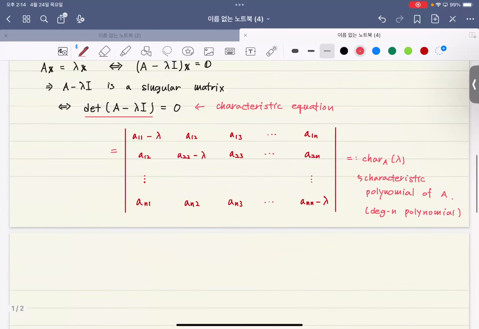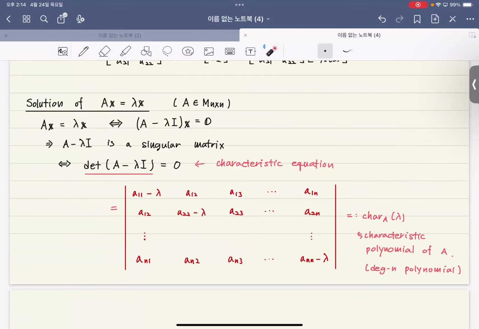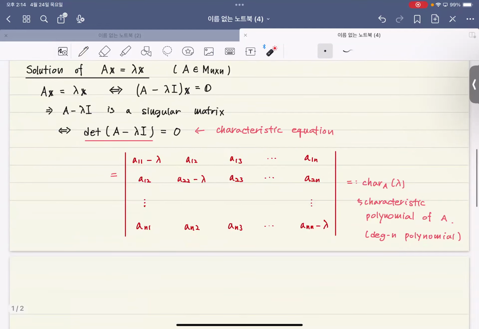Therefore, in order to find the eigenvalues of the matrix A, first you solve the characteristic equation, and the roots of this characteristic equation are the eigenvalues of your matrix A. Once you have found an eigenvalue, how would you find its eigenvectors?